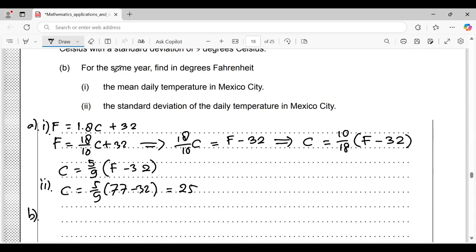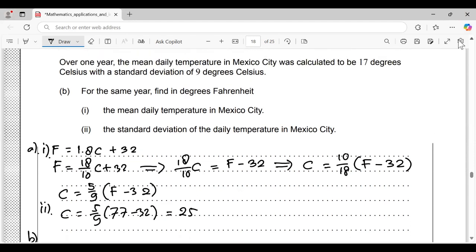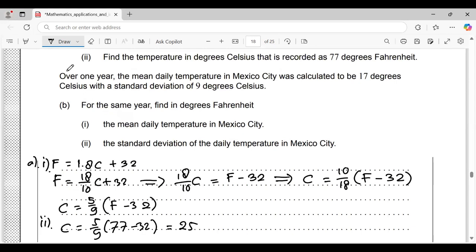Next, part B. For the same year, find in degrees Fahrenheit the mean daily temperature in Mexico City. We need to read this and know the information.